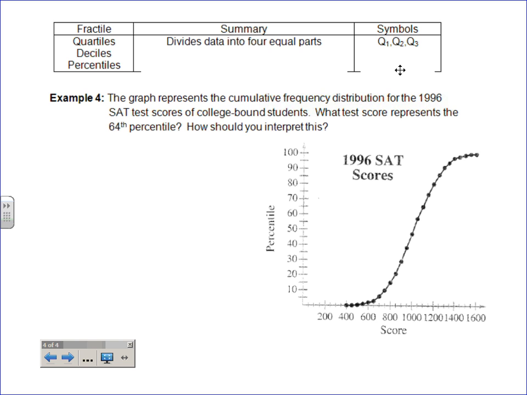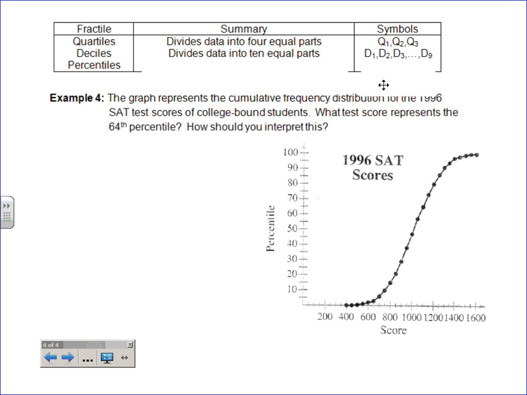Okay, so deciles. Very good, 10. Have you heard that done before? You know, top 10%, bottom 20%. You've heard that, right? Those are deciles. What do you suppose they use for that? D, not 1 through 10. D1 through D9.